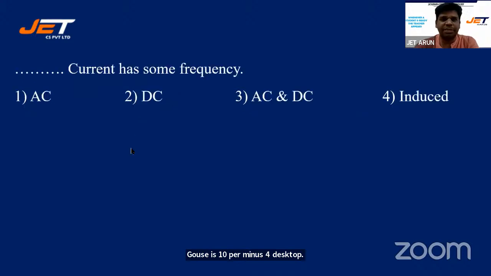Dash current has some frequency. AC, DC, AC and DC. What is the fourth option? Induced. Which current has got frequency? When do you say current has a frequency? Does a DC current have, constant DC presuming, frequency?